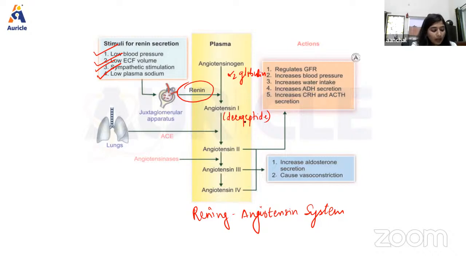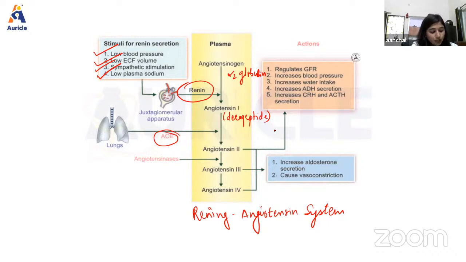Right? Now, what will happen? This angiotensin 1 is converted into angiotensin 2, which is an octapeptide, by the activity of a very important enzyme that is released by lungs, and that is ACE. And here ACE stands for angiotensin converting enzyme, which is released by lungs. So this angiotensin 1 is converted into angiotensin 2 in the presence of this important enzyme, right?